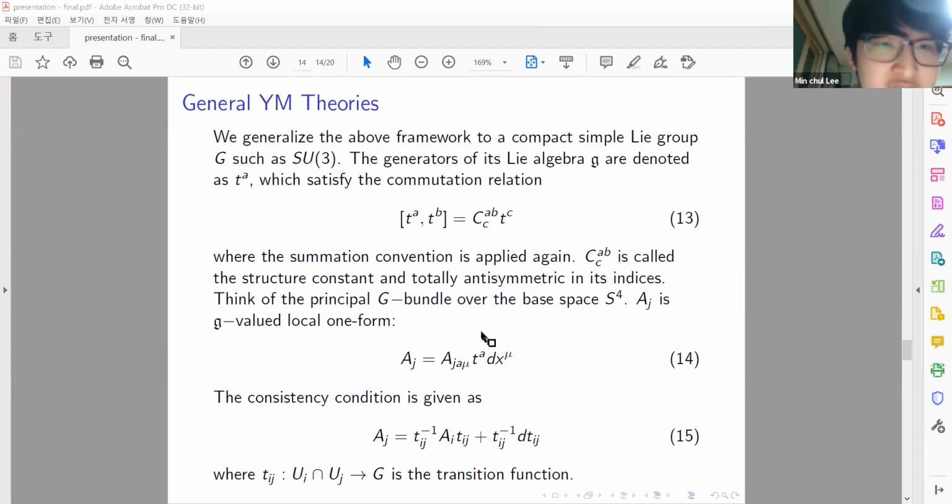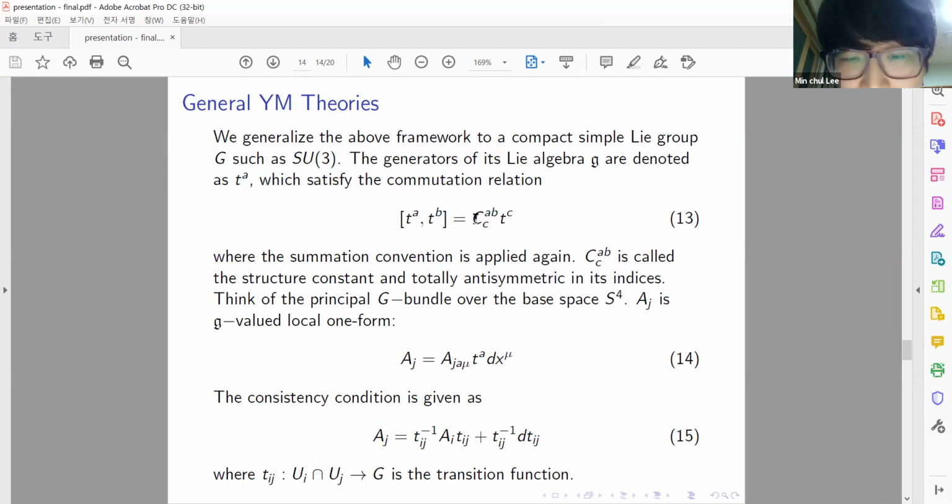Now we come to general Yang-Mills theory. We generalize the above framework to an arbitrary compact simple Lie group G, such as SU(3). The generators of the Lie algebra of G are denoted as T_A, which satisfy the commutation relation given as this, where the summation convention is applied again, so the index small c is contracted and summed.